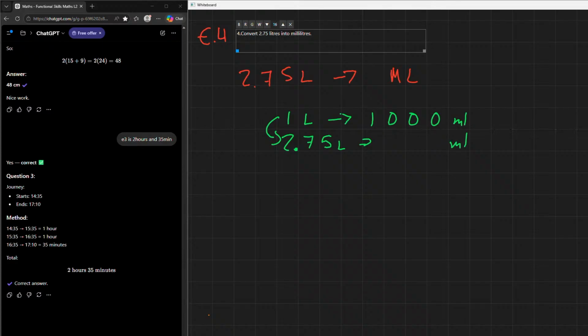Or wait. So for division, we do 2.75. Then we have 1, but then I need to do 2. So that's how this goes away.